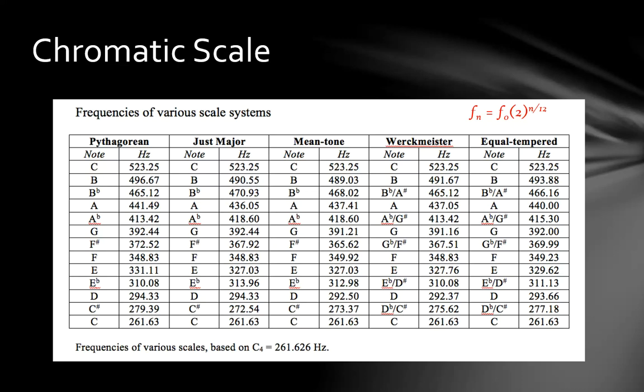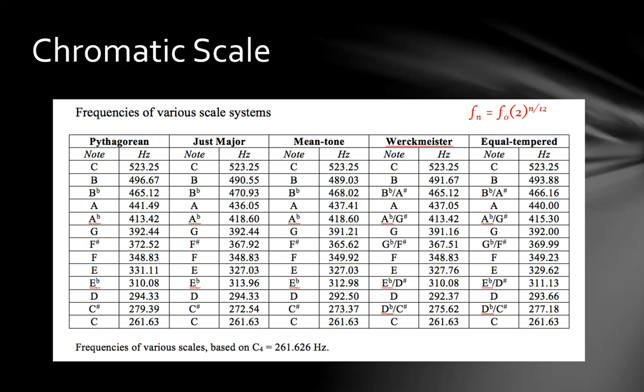So this one here is 261.63 times 2 to the 1/12. This is 261.63 times 2 to the 2 twelfths, 2 to the 3 twelfths, 4 twelfths, etc. And you get up to this one, which is, of course, times 2 to the 12 twelfths, which means times 2. This gives you the same ratio between each half step all the way through.